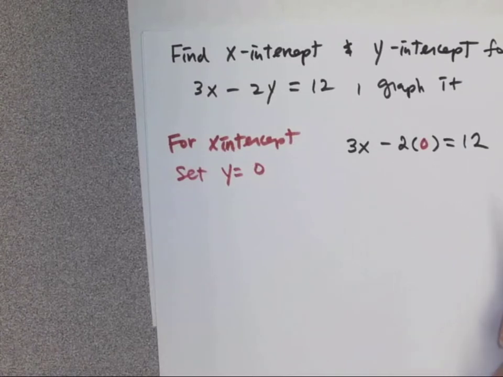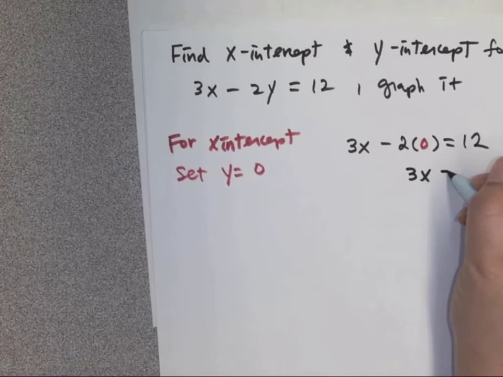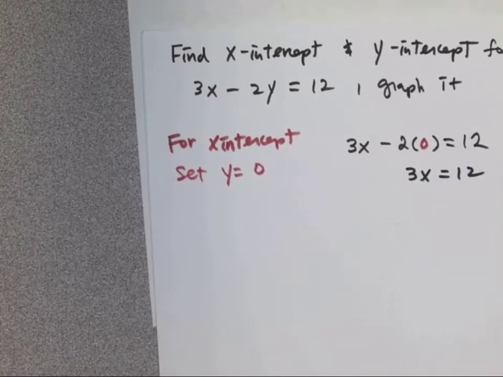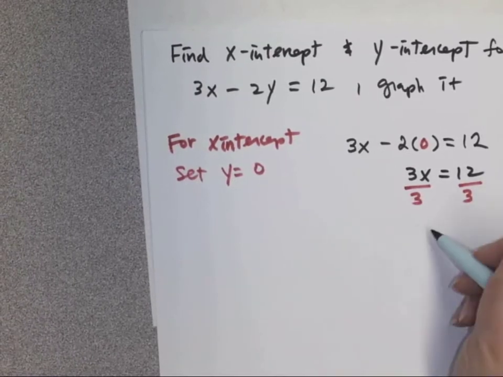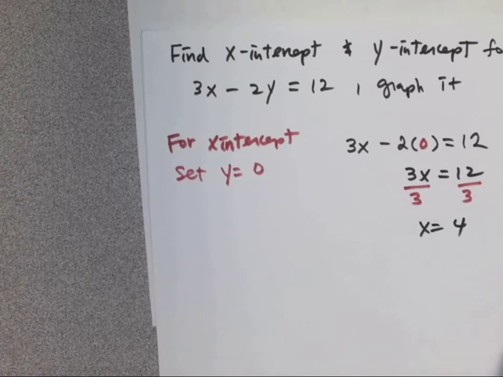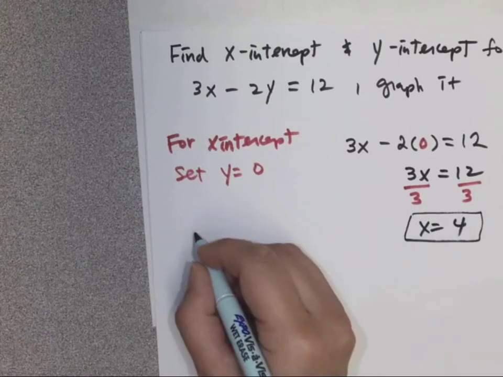So we have 3x equals 12. So x should be what? 4, because you divide both sides by 3, right? x equals 4. On the test, they will ask you to write this as a point.